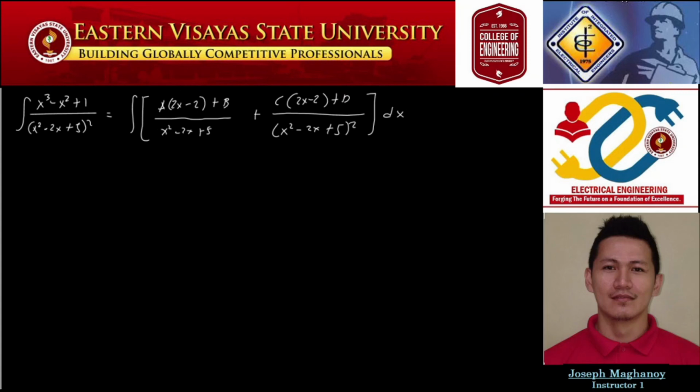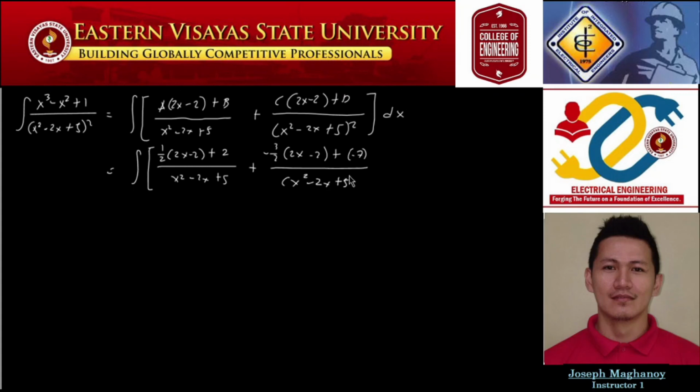But before that, you need to substitute the values of A, B, C, and D into your function: 1/2 (2x minus 2) plus B all over x squared minus 2x plus 5, plus C is negative 3/2 (2x minus 2), plus D is negative 7, over the distinct quadratic factor (x squared minus 2x plus 5) squared dx.